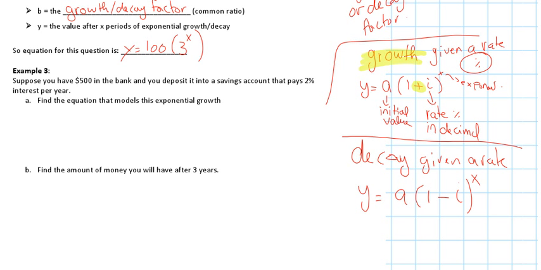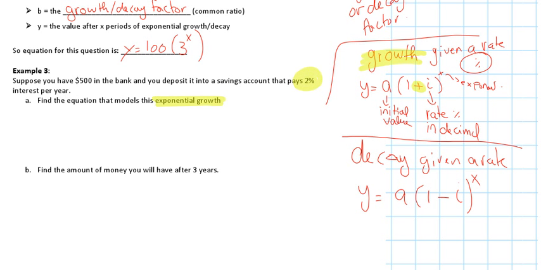Exponential growth. Here's how you're going to know that it's going to be an exponential function. Now, growth, and then what am I given here? A rate, which is a percentage. So what formula do I use?